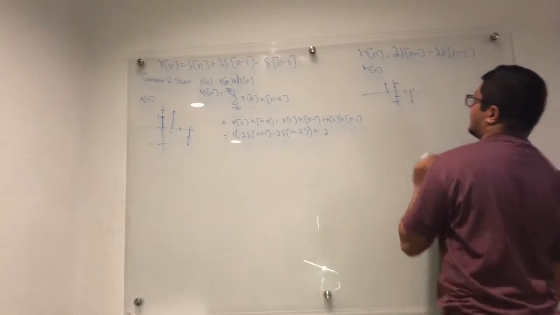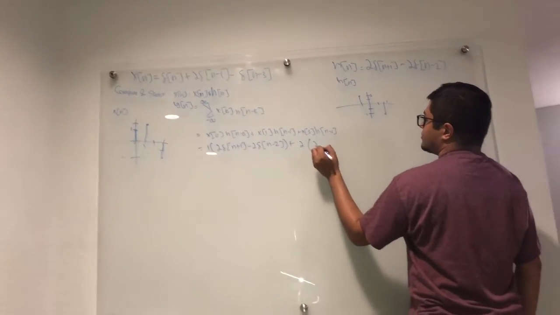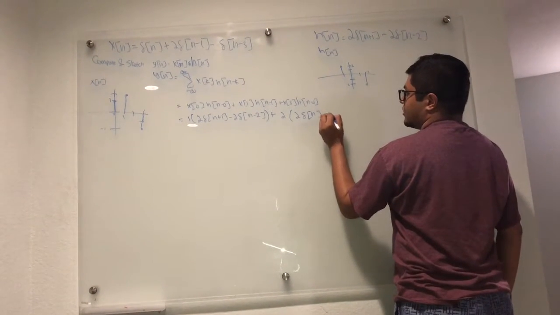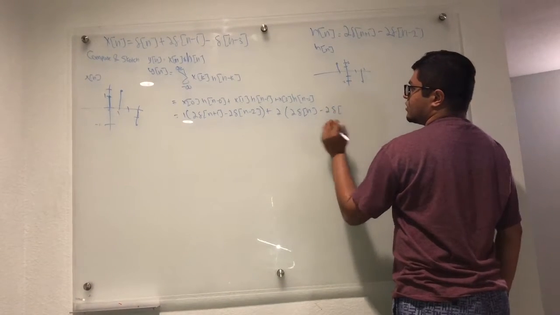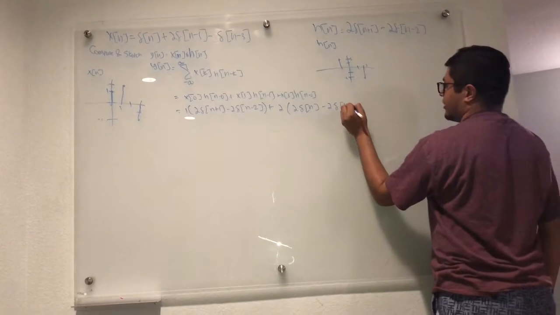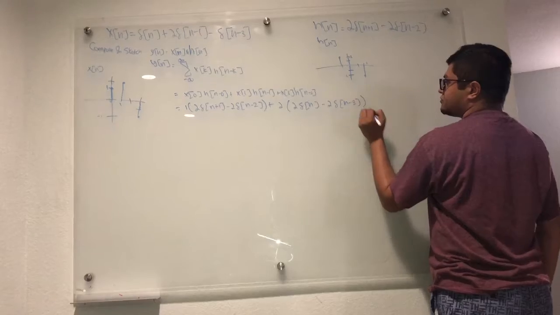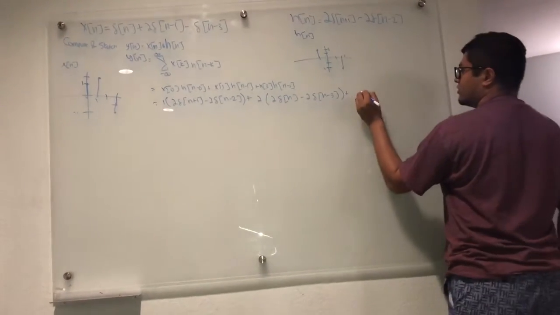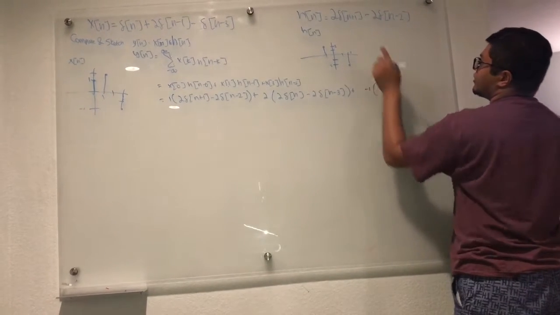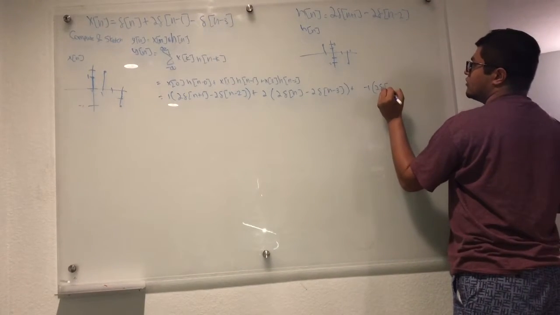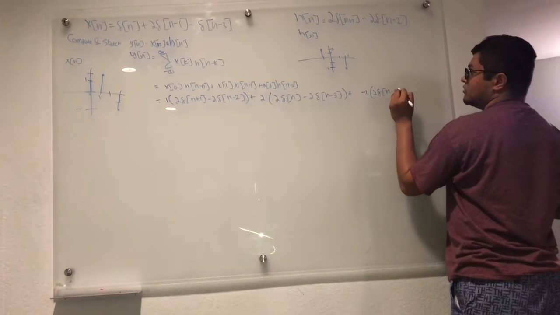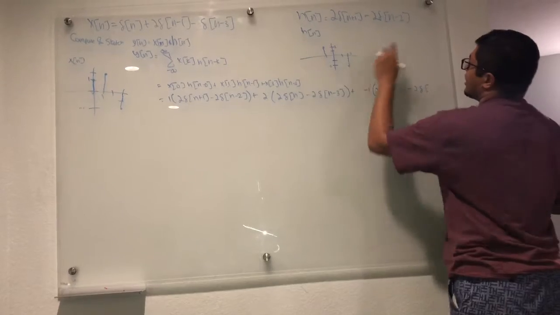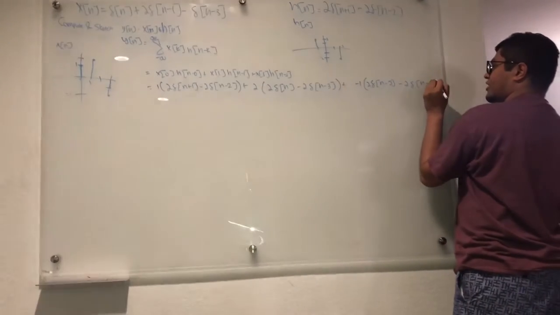Plugging n minus 1 into these, you'll get n minus 2 and n minus 3. Plus x of 3, which is negative 1, times h of n minus 3, plugging in here will give you n minus 2, minus 2, and plugging n minus 3 in here will give you n minus 5.